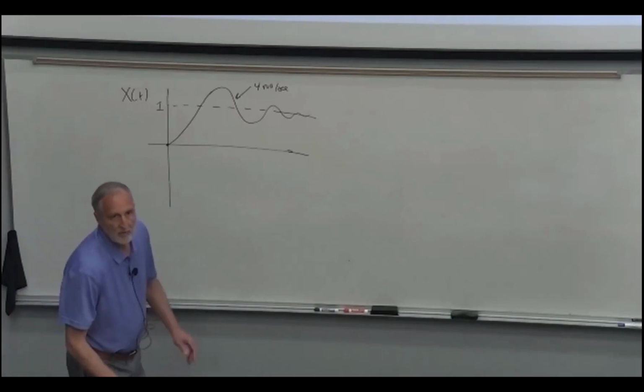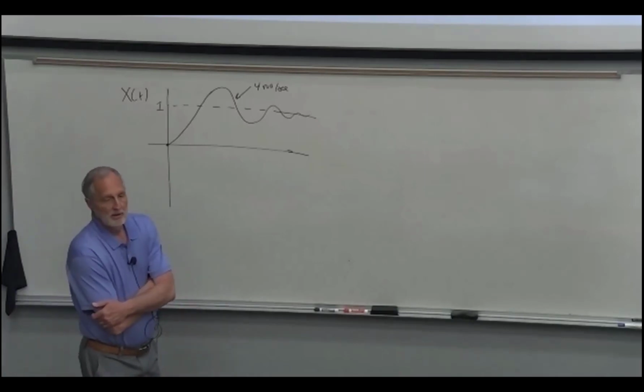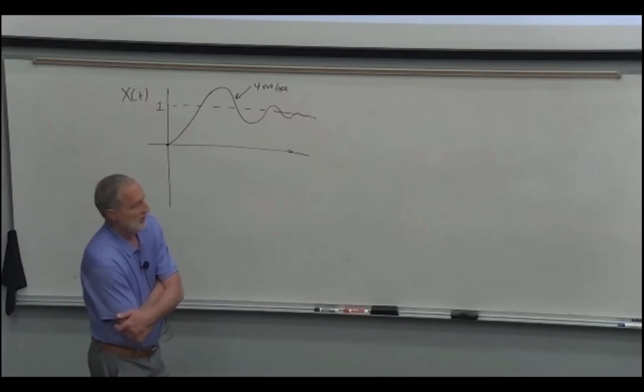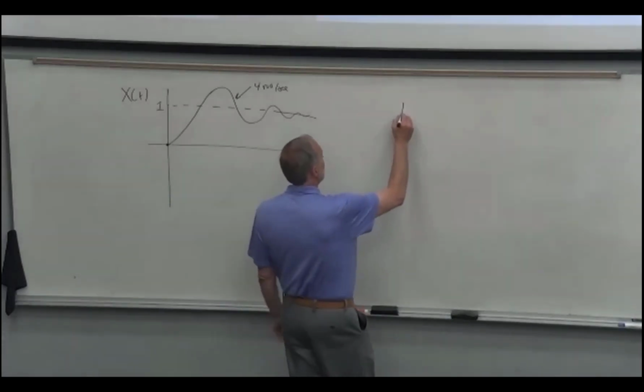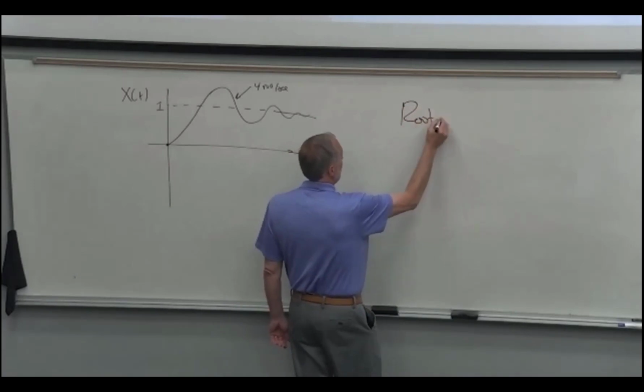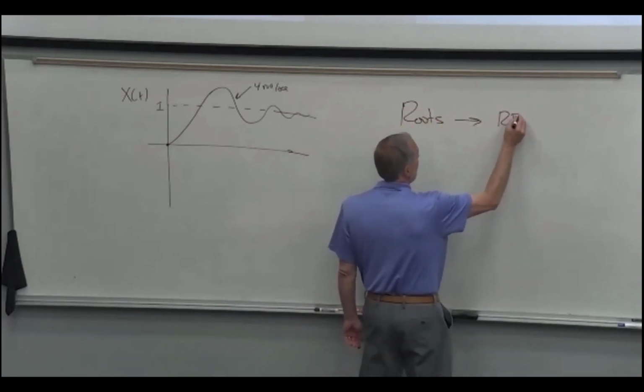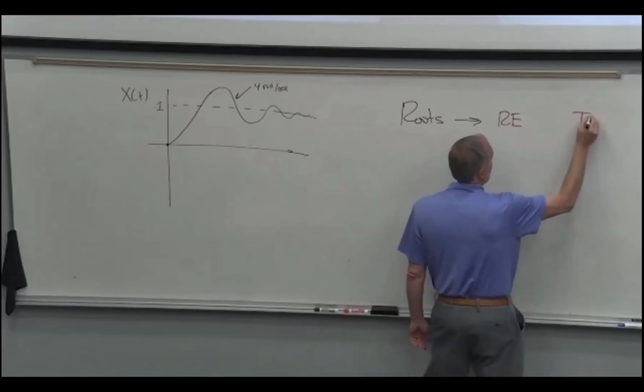And so now it becomes really easy to shortcut the whole process of doing the inverse Laplace transform, because we can say, let's look at the roots. We're going to look at the real part, and then see if there's an imaginary part.